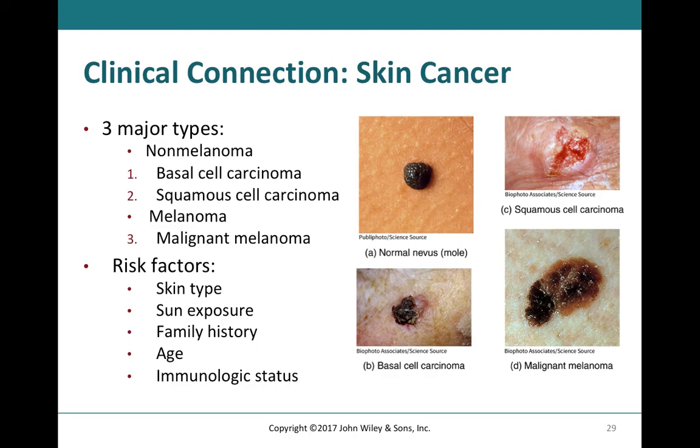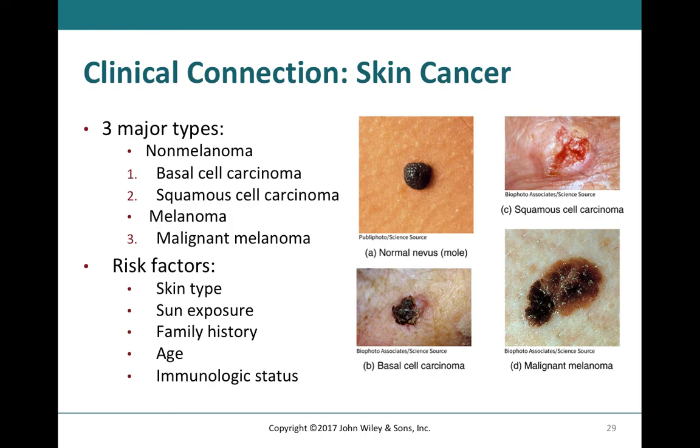Alright, so as we move into these actual systems individually in class, we'll get to have more clinical connections and get into some disease processes. So the first here is going to be skin cancer. There are 3 major types, with 2 of them being non-melanomas and 1 being an actual melanoma.